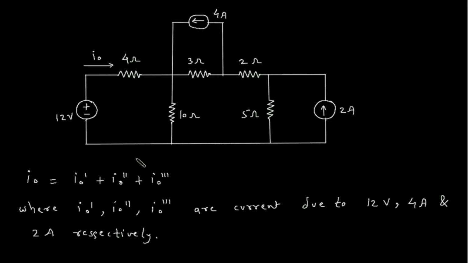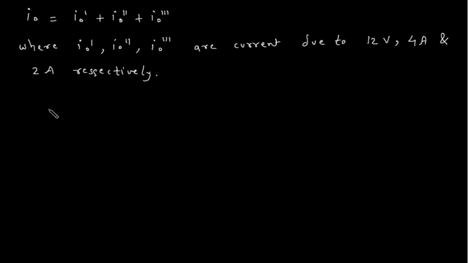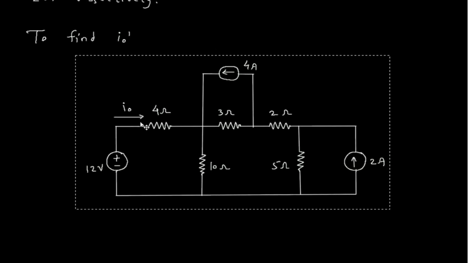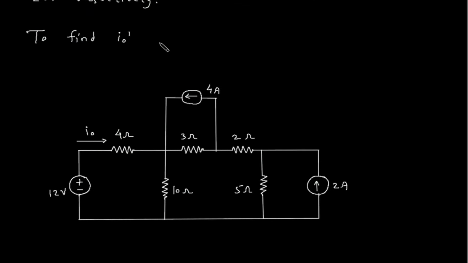So to find I/O, we will consider this 12 volt and turn off all other sources.